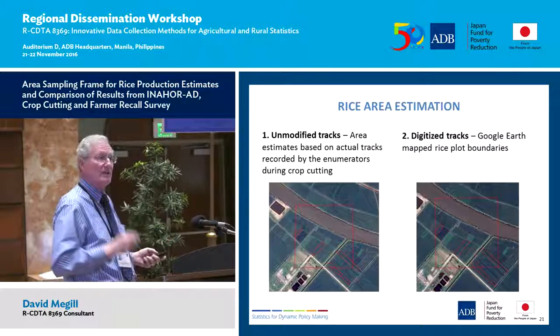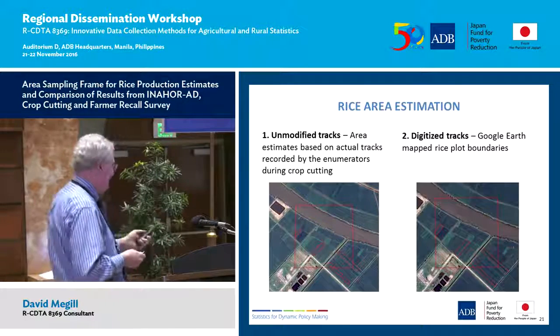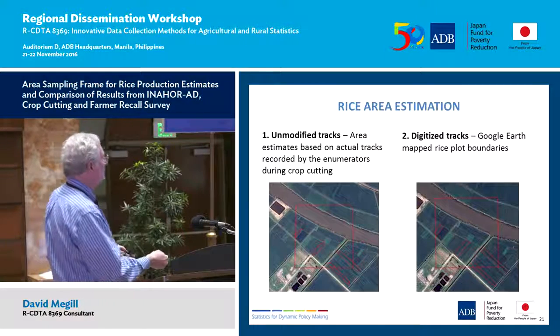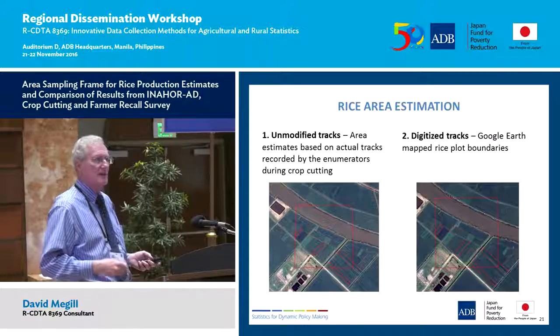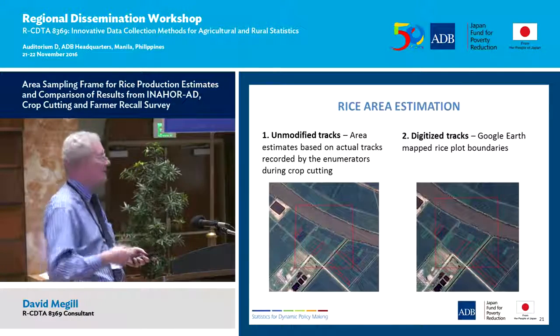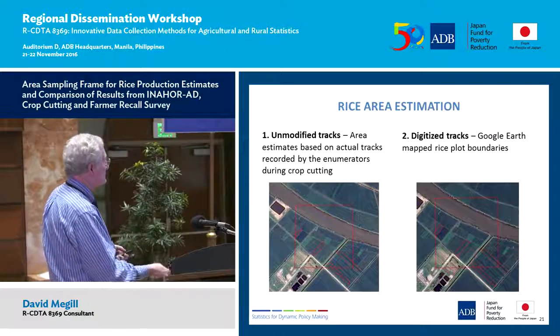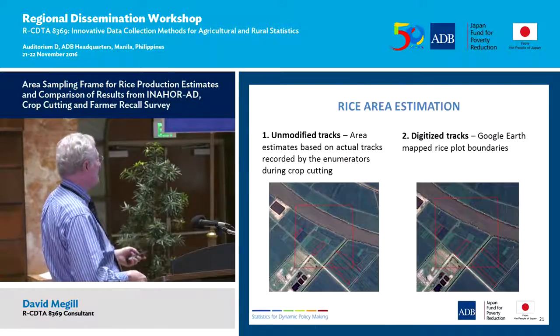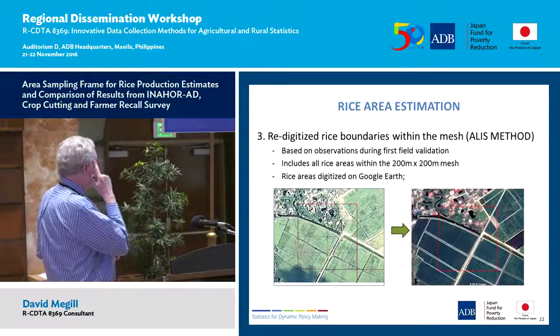We compare these different estimates to see what the results would give us. In the end, we concluded that the digitized tracks probably give us more accurate data because you can control the measurement a little better.